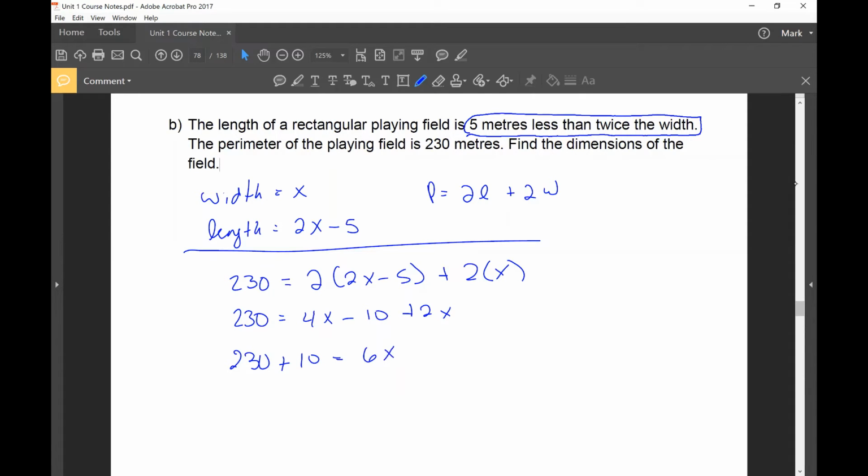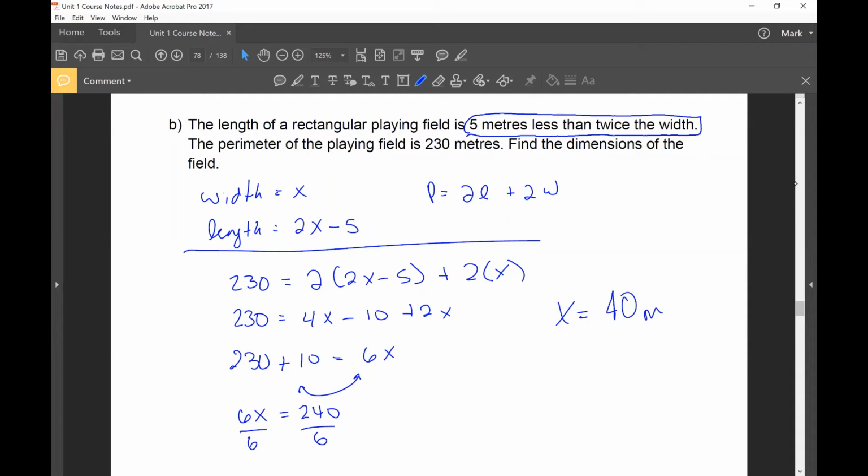Now I'm going to do the same thing I did before. I'm just going to reverse this. So I have the 6x on the left and 240 on the right. You don't need to do that. It's just how I prefer to answer these questions. So x, which is my width, is 240 over 6, which is 40. This is meters.